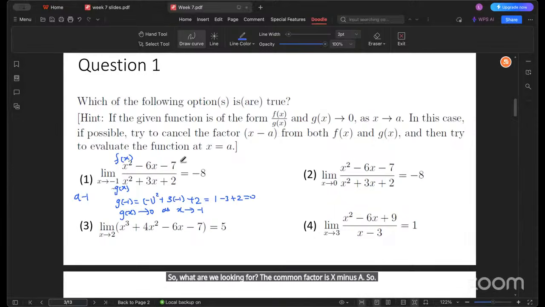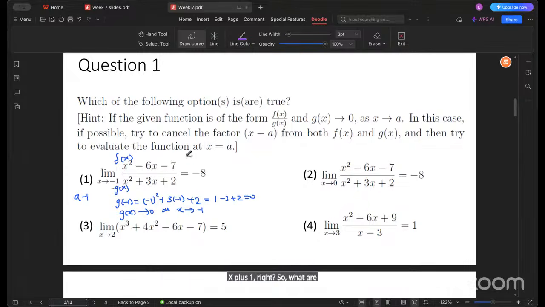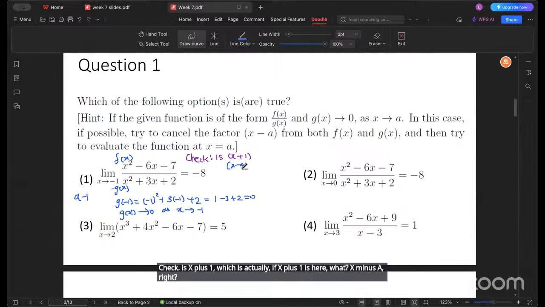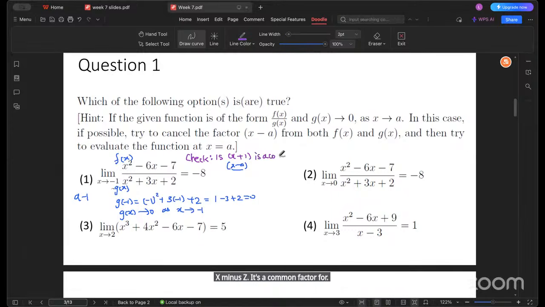So we are checking whether x plus 1, which is x minus a here, is a common factor for both f and g. What do you think? Is it a common factor?